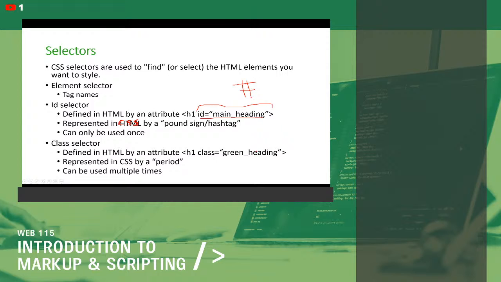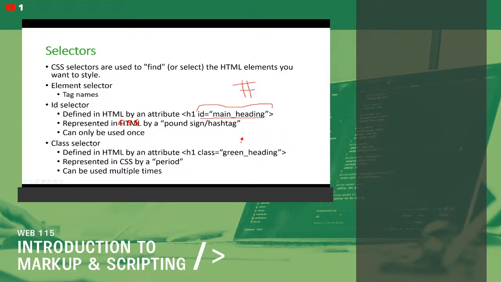Now, if you want something that you can apply to different things, that's where you use a class. And we have a class that's defined in HTML by the attribute as well. So we can see here we have the h1 class equals green underscore heading. And in CSS, we represent it with a period. So as we're writing our CSS, before our class name, we'll put a period.